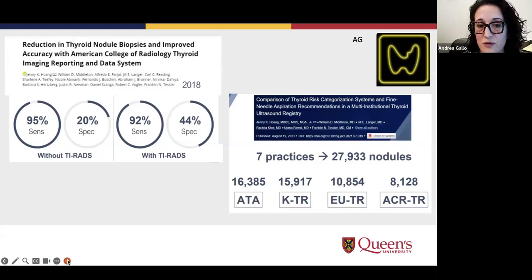And if you look at the picture on the right, the ACR-TIRADS, which is the current TIRADS recommended by the American College of Radiology, actually recommends biopsy of fewer nodules, which is very helpful. So we are biopsying fewer and fewer benign nodules currently. Next slide.